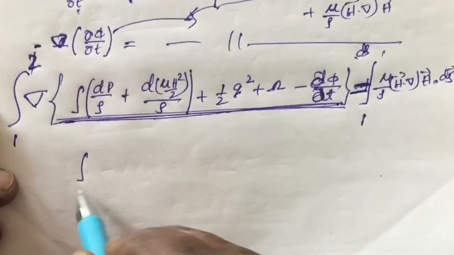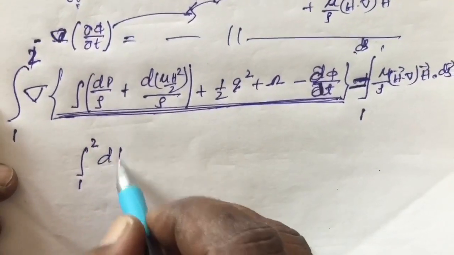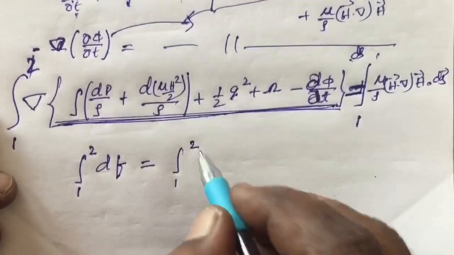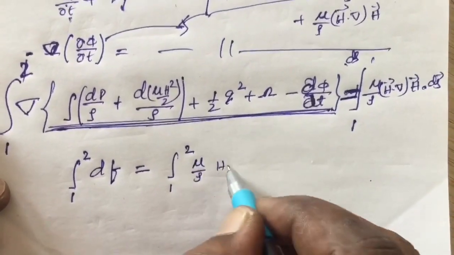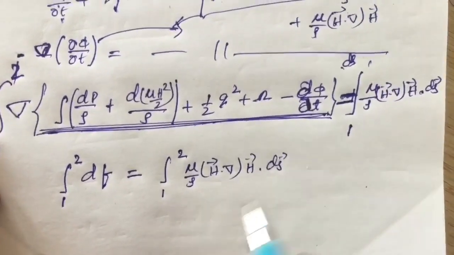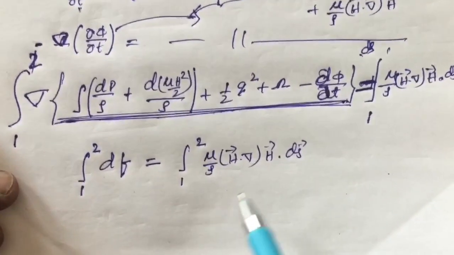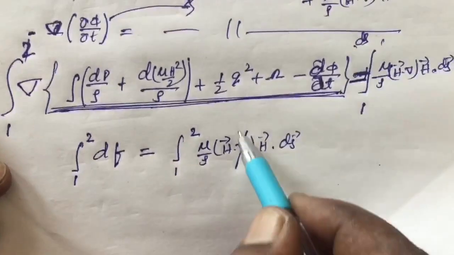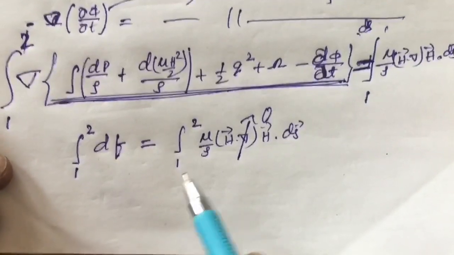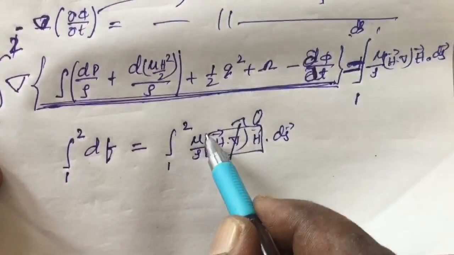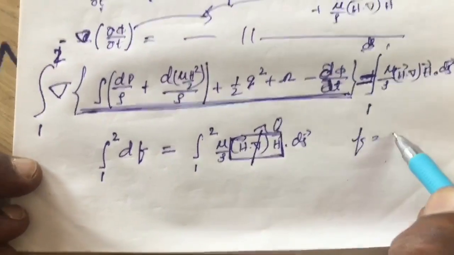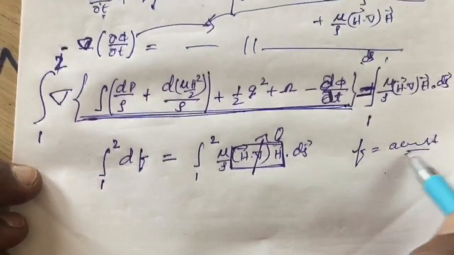So integration from 1 to 2 of total derivative of f is equal to integration from 1 to 2 of mu by rho into h dot del of h dot ds. Unless this term is equal to 0, it is not possible to integrate, but if this term is equal to 0, then we can integrate. After integration you get f equal to a constant, same as in the previous case.